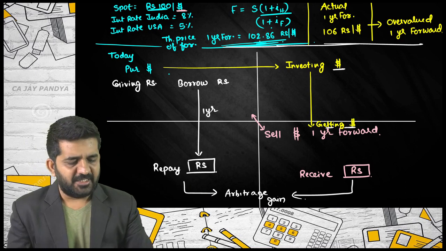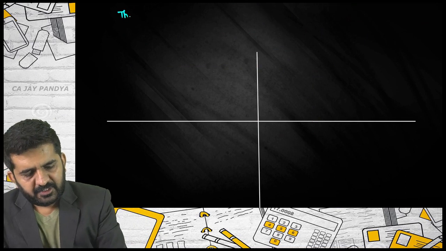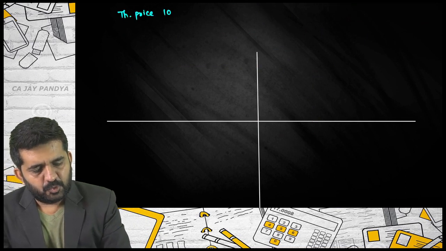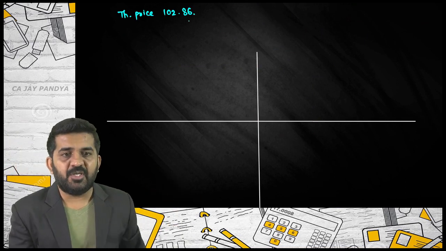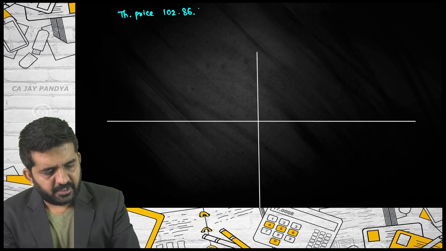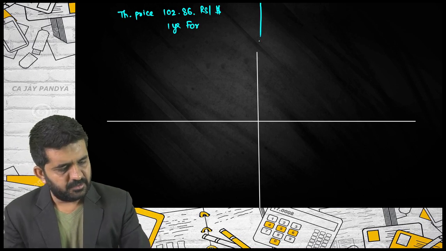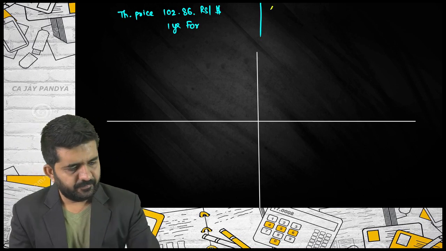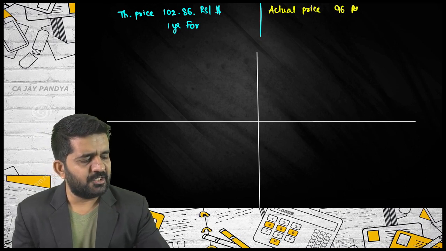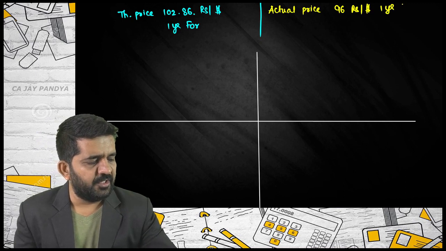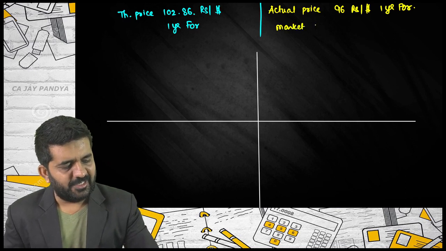The theoretical price of forward is 102.86. Theoretical price is 102.86. This is the theoretical price, rupees per dollar, of 1 year forward. If the actual price is 96 rupees per dollar of 1 year forward, now the market has undervalued.